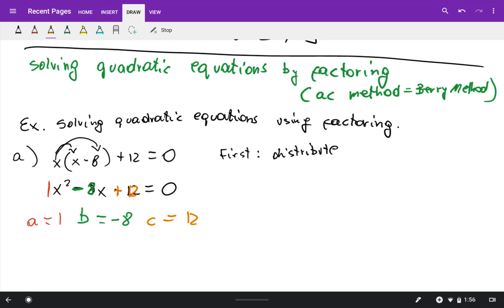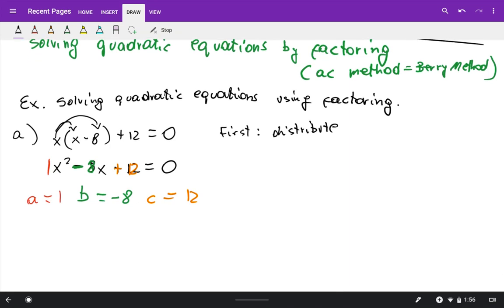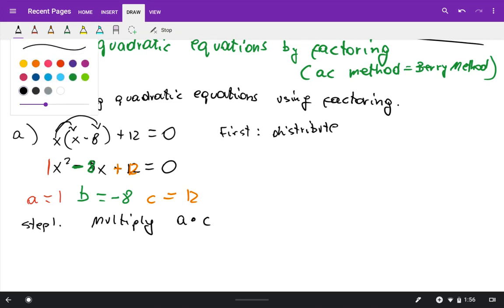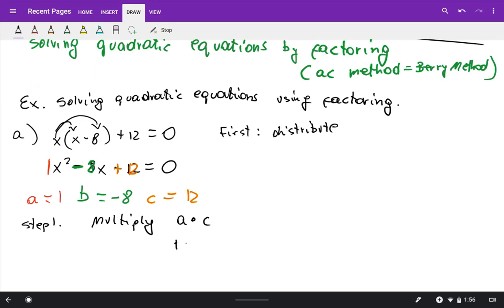Okay, so step number 1 for the AC method. Multiply A times C. So in our case, we have 1 times 12, we're getting 12.